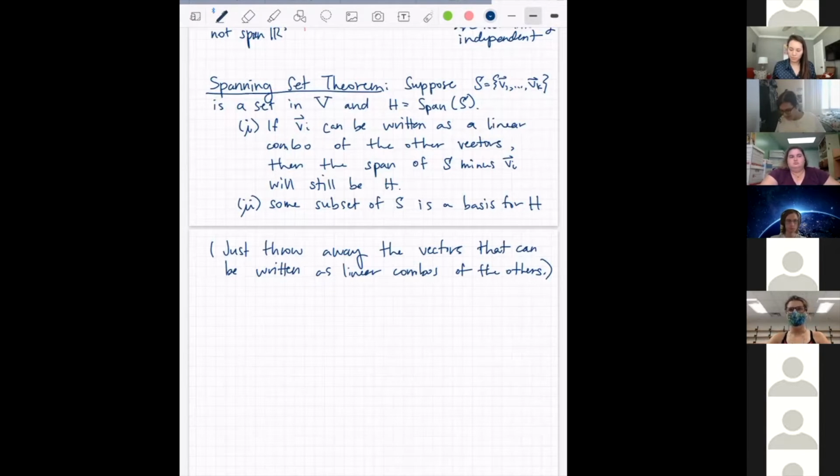Okay, they use the words remaining vectors in here. So I guess it's just a way sometimes to keep track of which ones to throw out. Right. Yeah.